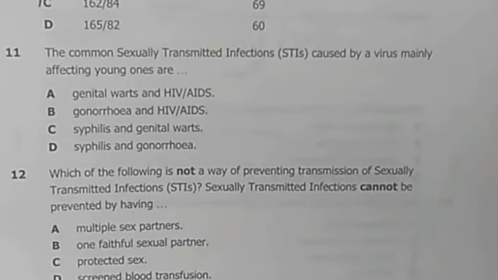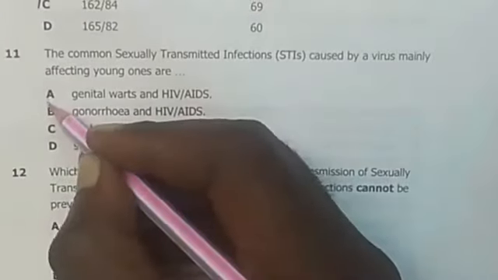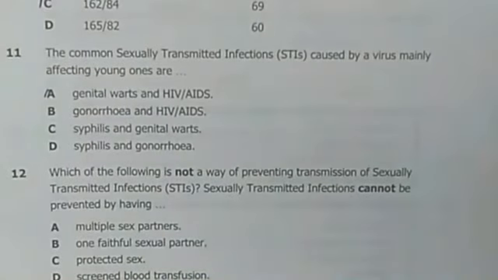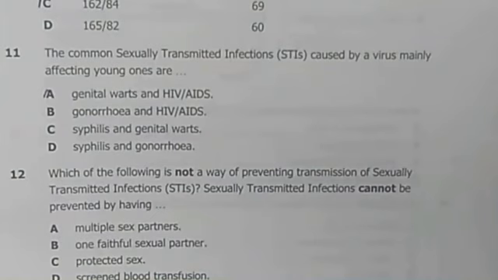Okay, so here the correct answer is A, which is genital warts and HIV or AIDS. Gonorrhea is caused by a bacteria. Syphilis is also caused by a bacteria. So genital warts and HIV are the two STIs that are caused by a virus.